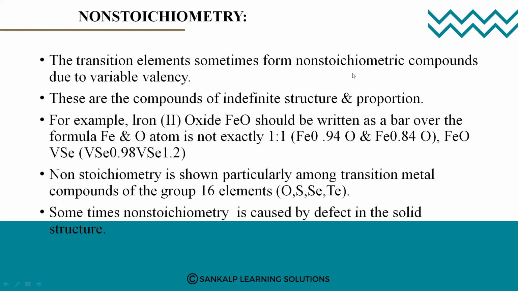They are having indefinite structure. Indefinite means they will not have proper proportion. For example, see here what they have given: iron(II) oxide, FeO, should be written as Fe0.95O, which is not exactly 1:1.